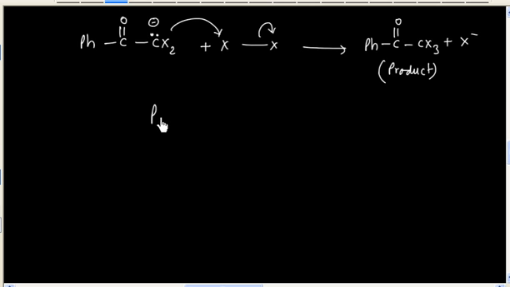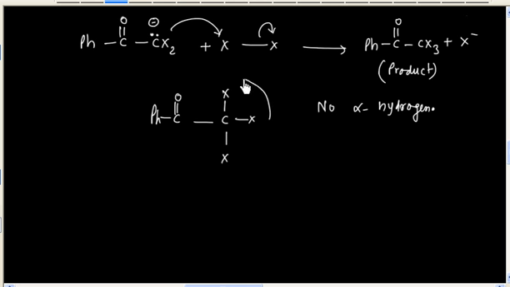Now the product formed does not have any alpha hydrogen. So no alpha hydrogen. So we cannot have acid base reaction. But CCl3 is a good leaving group. So this is a good leaving group.